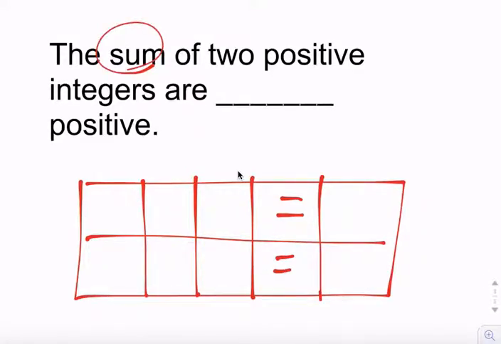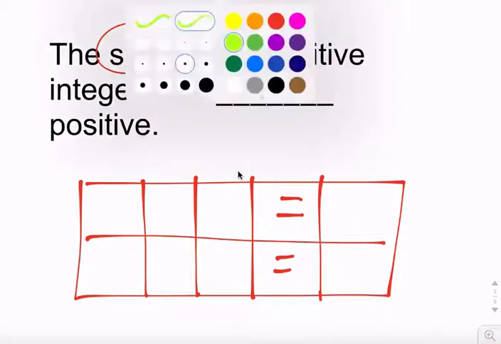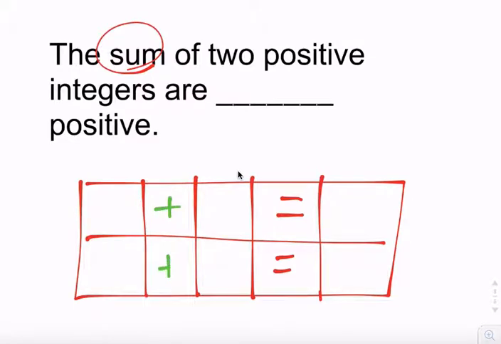It says the word sum. Sum in this case means addition of two positive integers, so I know this is a positive, this has to be a positive, and I want to know if the results are positive.